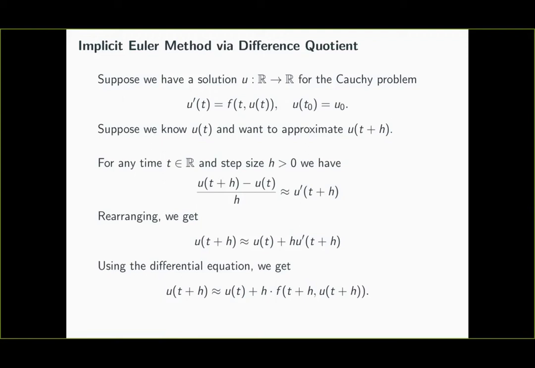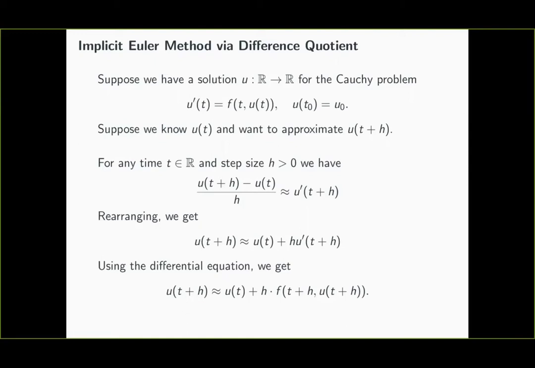Now we see that this looks very similar to the explicit Euler method, except that on the right-hand side, f is taken at time t plus h with the value u at time t plus h. And in particular, u of t plus h appears on both sides of the equation. So all I've gotten so far is an identity that is satisfied by u of t plus h.